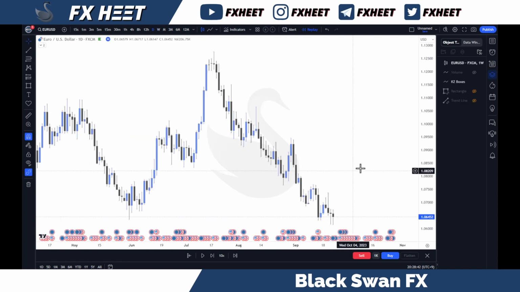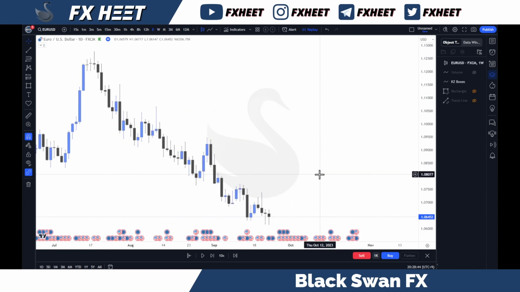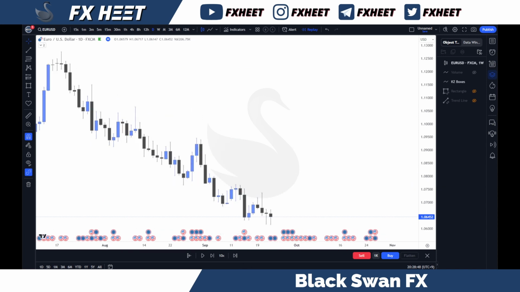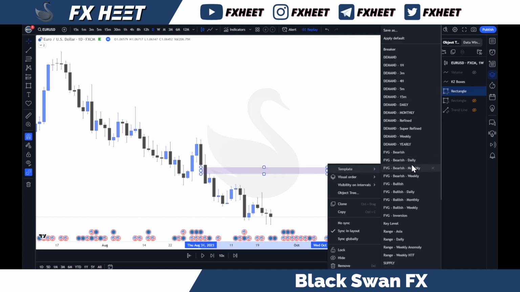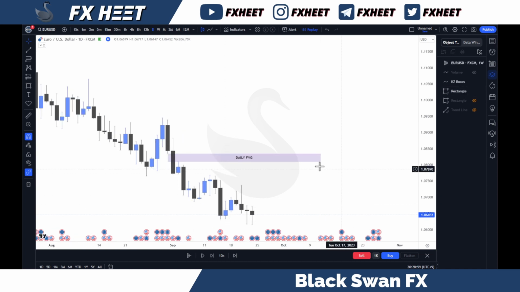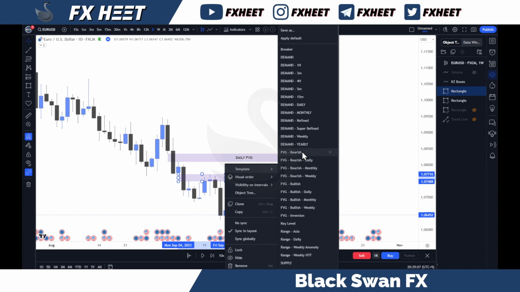If we go on the daily time frame, you can see we have a fair value gap there that's currently open. We have a fair value gap here that's been tested.